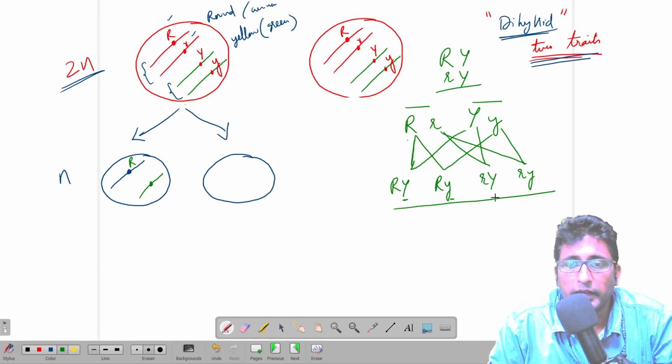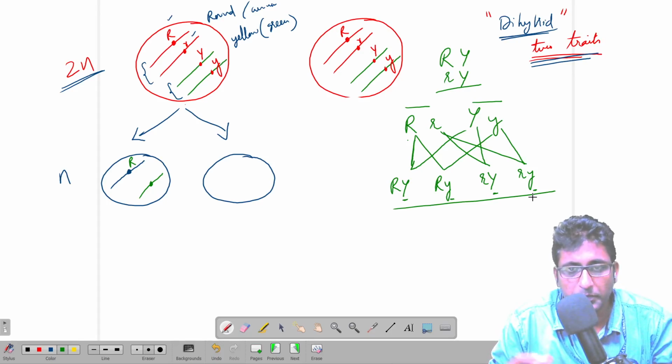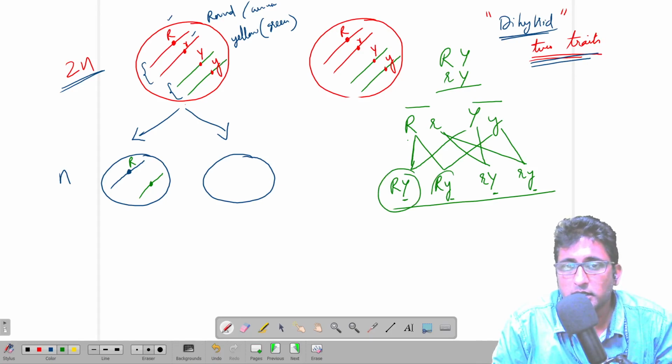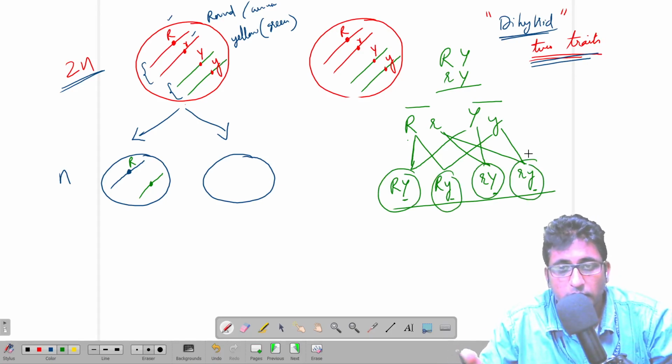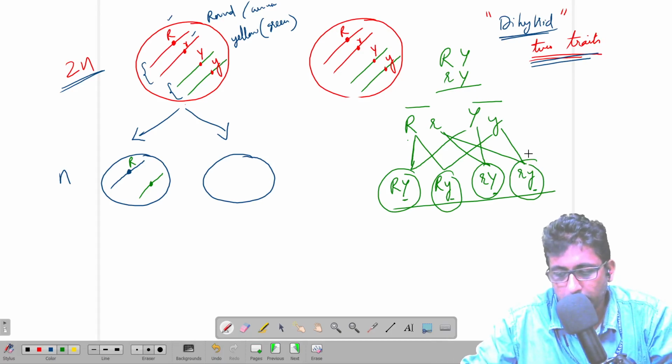Similarly, small r can have a capital Y or small y. The genes are independent of each other, and they can assort into the gametes in any of these combinations. That is essentially the law of independent assortment.